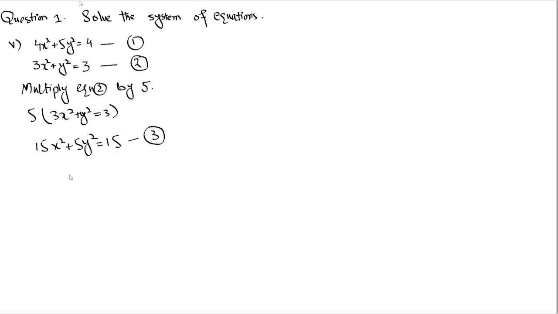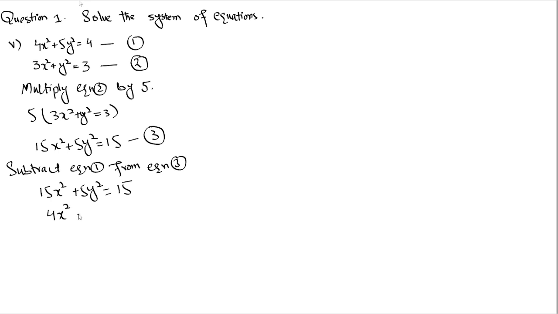Now we will subtract equation number 1 from equation number 3. Equation 3 is 15x square plus 5y square is equal to 15. We have equation number 1 as 4x square plus 5y square is equal to 4.